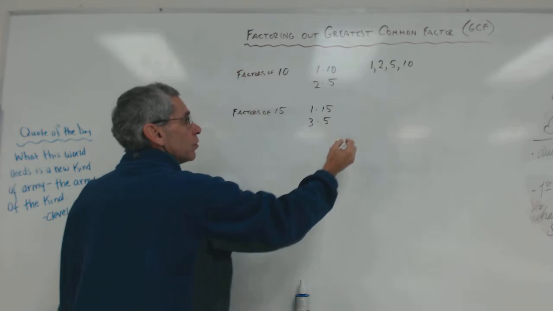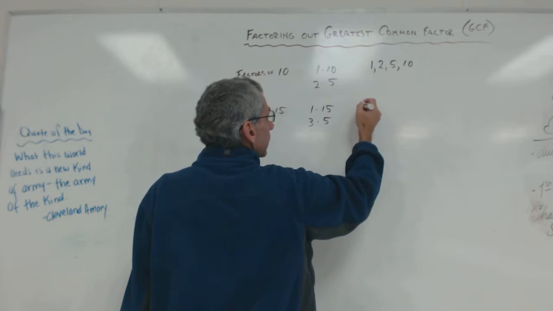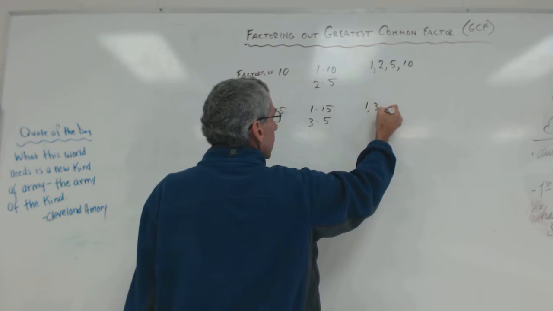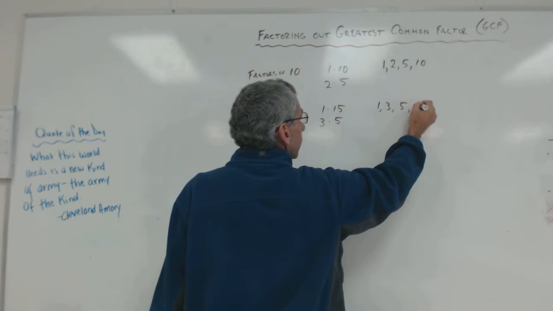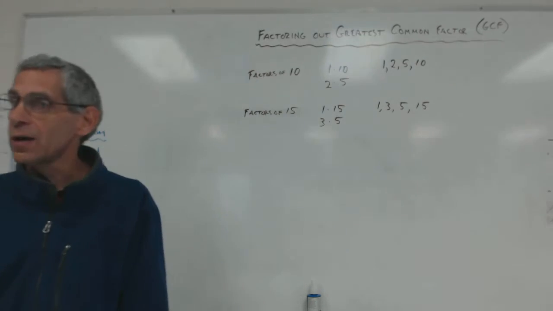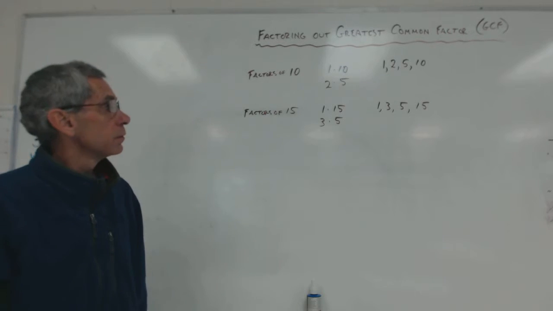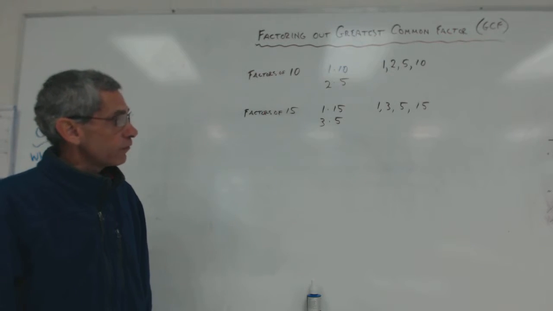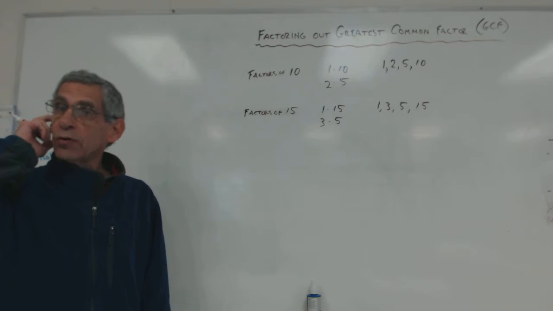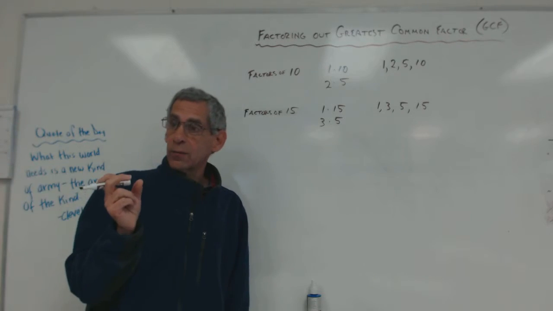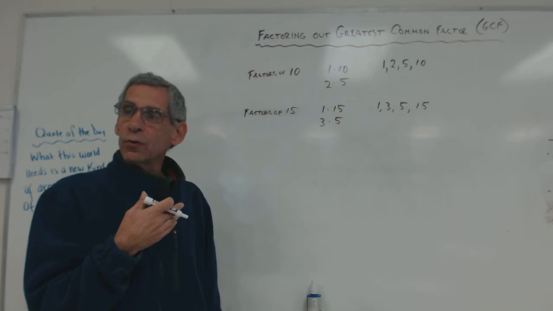If I wrote it like this, I would do 1, 3, 5, 15. Which do they have in common besides the 1? They both have the factor 5, and it's the same number, other than 1. 1 never really changes anything.